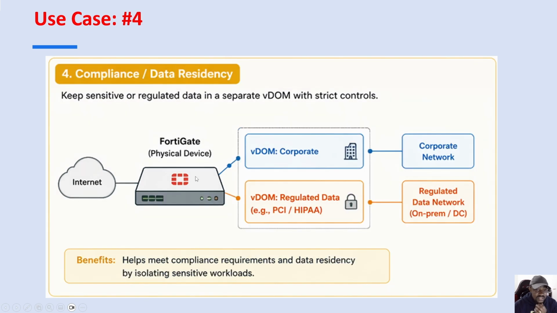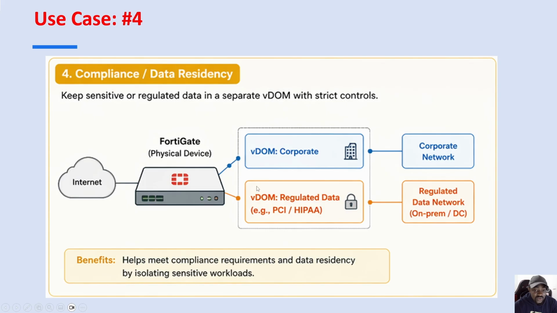The last use case that I mention here is if you want to keep sensitive and regulated data in a separate vDOM with strict control. Let's say you have some companies that need to meet compliance requirements and data residency by isolating sensitive workloads in a specific environment. Rather than buying a new FortiGate or creating another environment where you need to store sensitive data, you can simply use your FortiGate device.